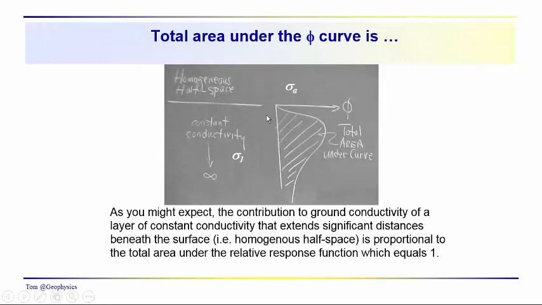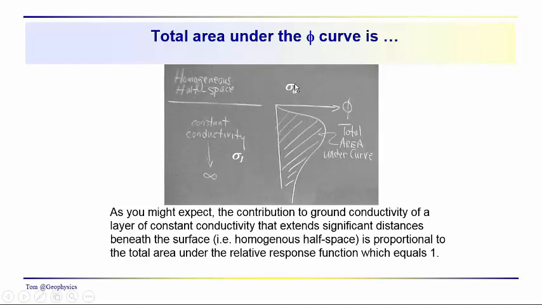If we take a look at a homogeneous half space that has a constant conductivity, no calculation is necessary perhaps, but we intuitively would expect that the apparent conductivity must be equal to the conductivity of this layer.